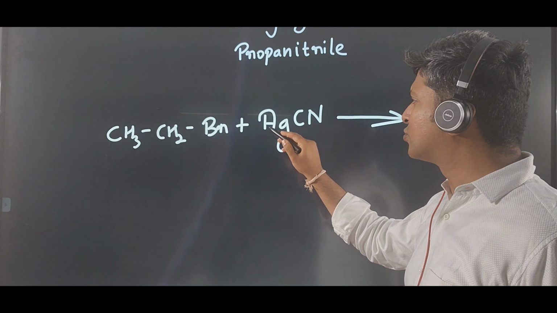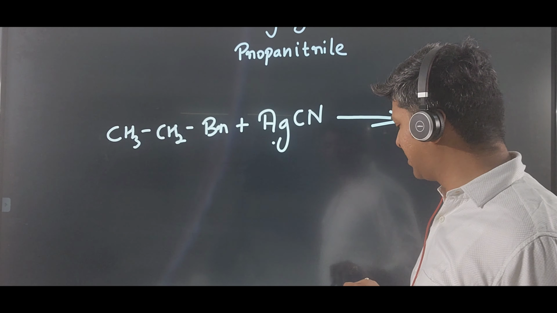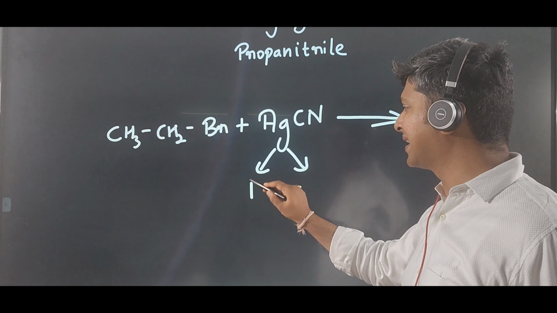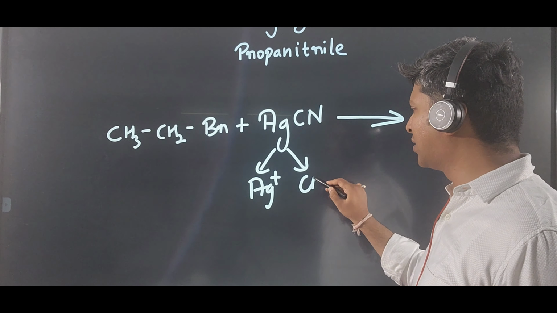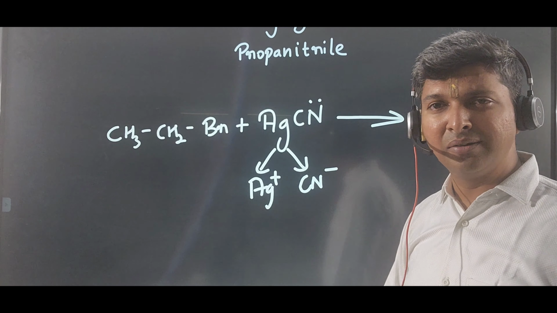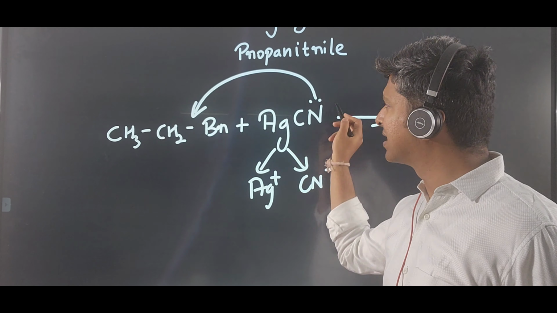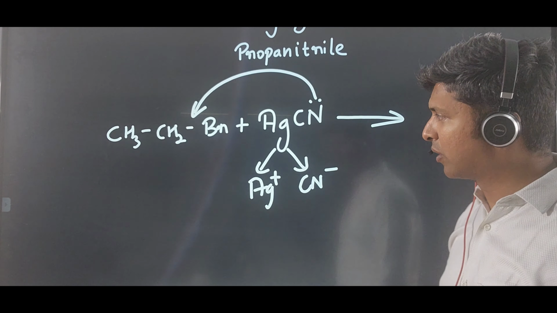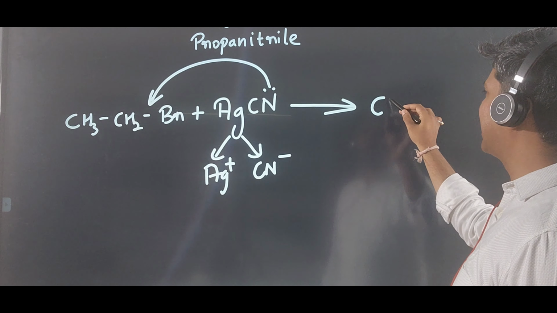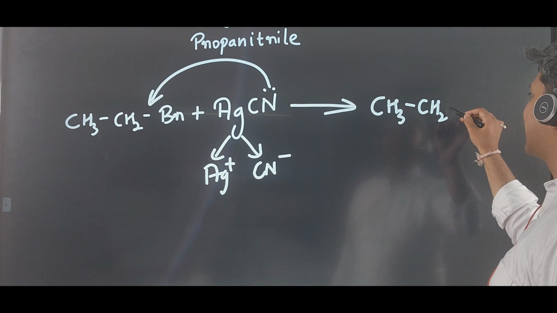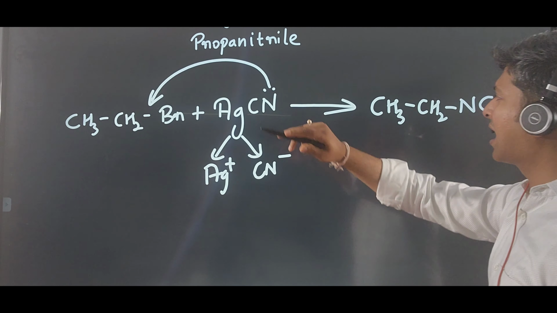So because it does not immediately form Ag plus and CN minus, nitrogen gets bored. So it says that I'll start donating electrons from the nitrogen end. Because it is donating electrons from the nitrogen end, it gets attached from the nitrogen side and then carbon follows.